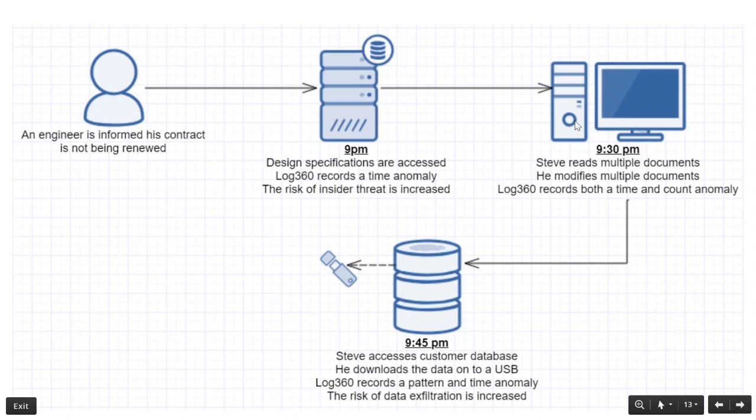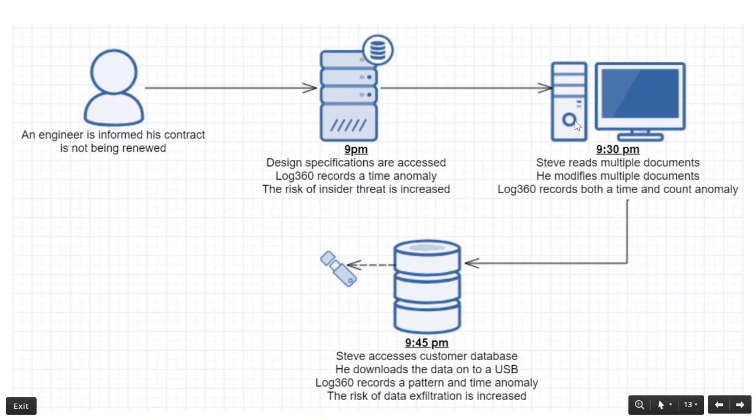This is a simple example of how UEBA can help detect and mitigate insider threats and data exfiltration. The story goes, an engineer is informed that his contract is not being renewed. So there's an engineer in your organization who's being told that, hey, we're not renewing your contract and you're being let go.